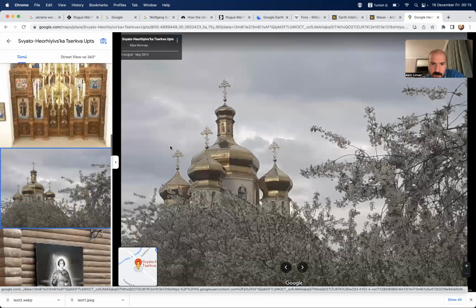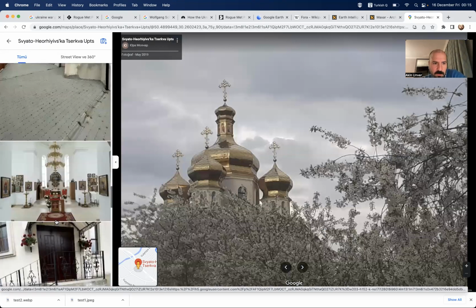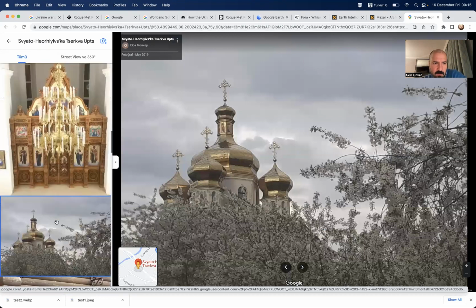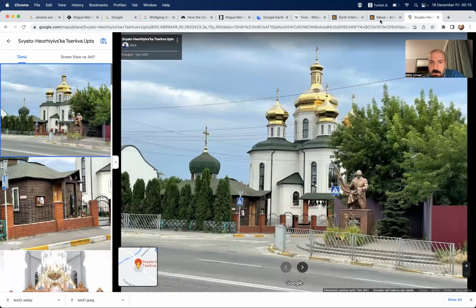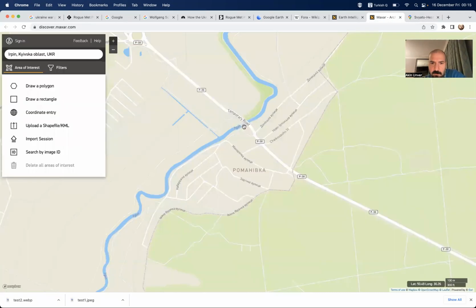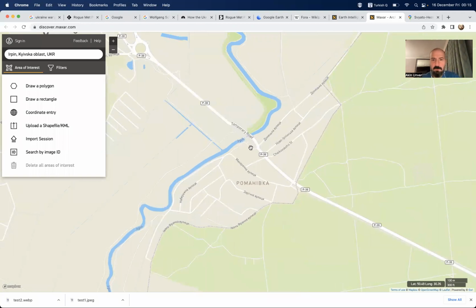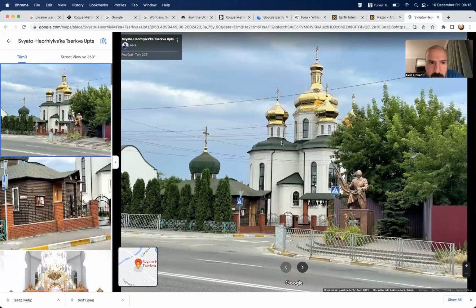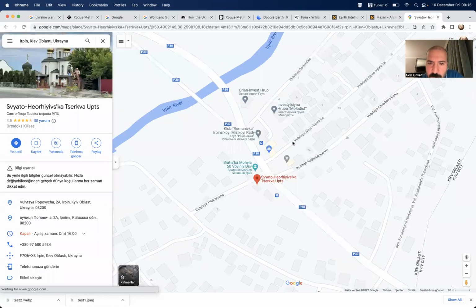I'm looking at its dome, okay. So I have a dome, and I'm looking at here. So basically, the area that I'm interested in is practically this fora and this area.